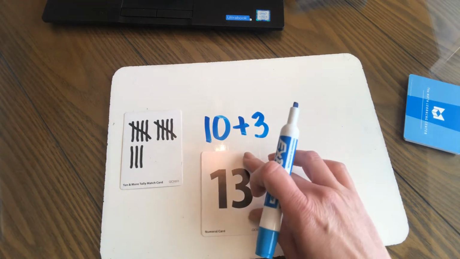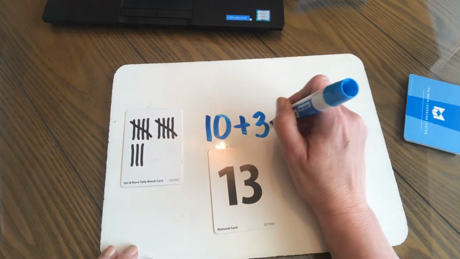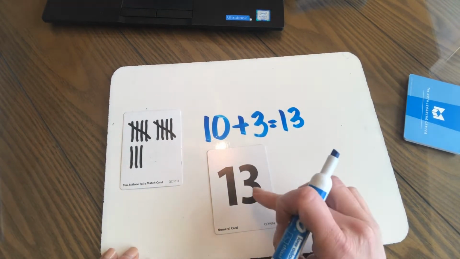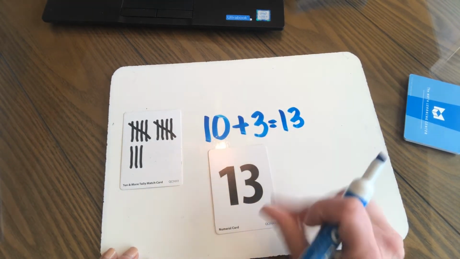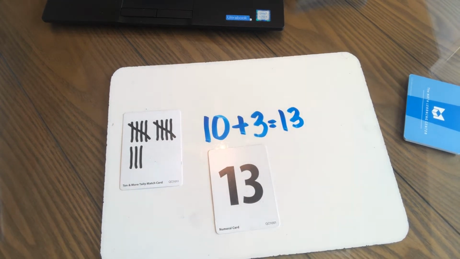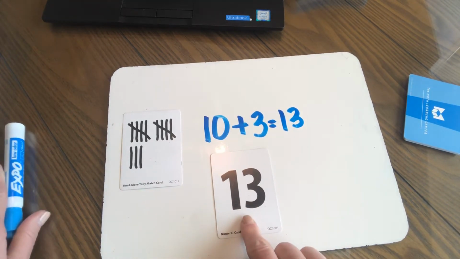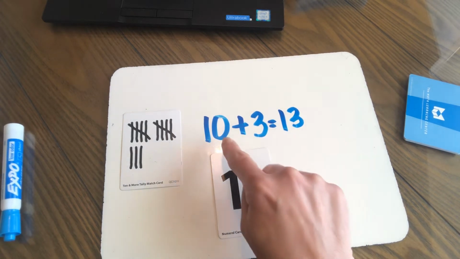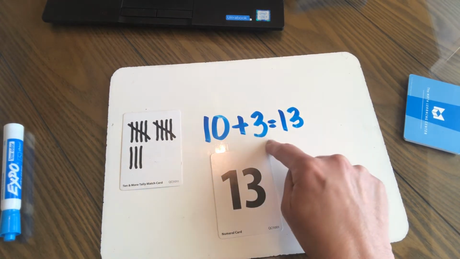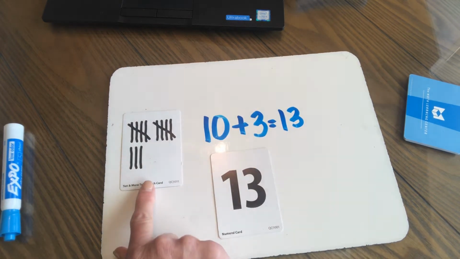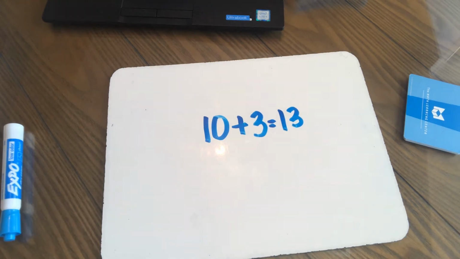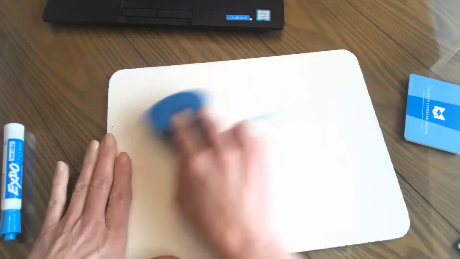Oh, if you are thinking 13, you are correct. If I have a 10 and a 3 and I put them together, I get 13. So I can represent 13 like this with a 10 and a 3. I can represent it 10 plus 3, or I can use my tallies, 10, 3. Nice job. Let's look at another one.